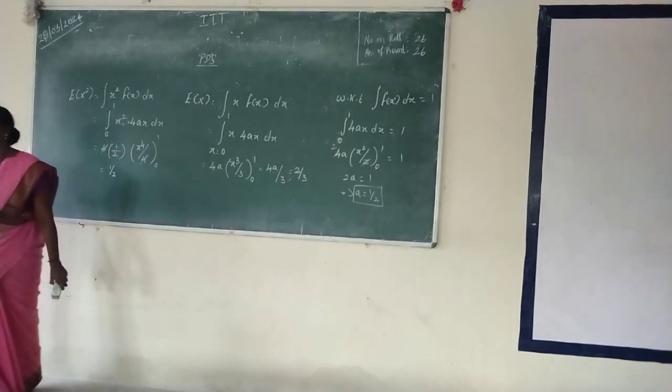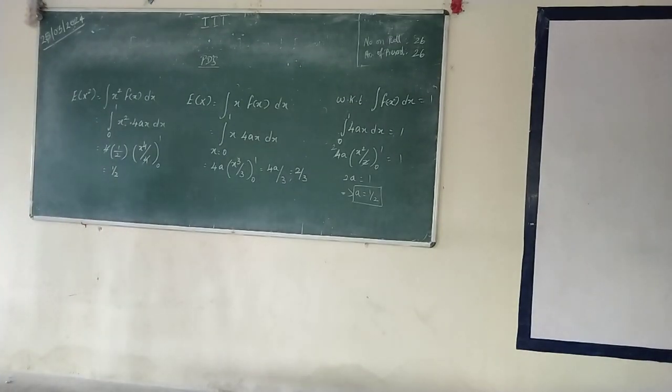What are the next two things you have to find? E of y and E of y square. Will they have different answers or the same answer? Same answer, because that will be 4by within the same limit 0 to 1. So what will be E of y? 2 by 3. What is E of y square? 1 by 2.